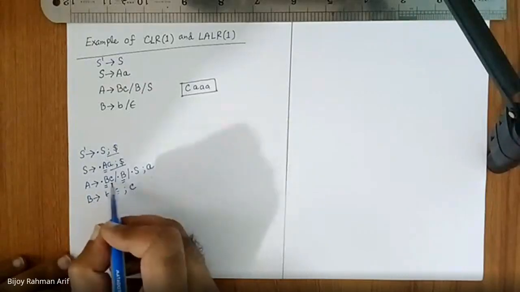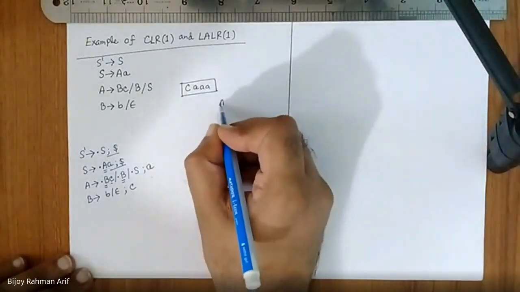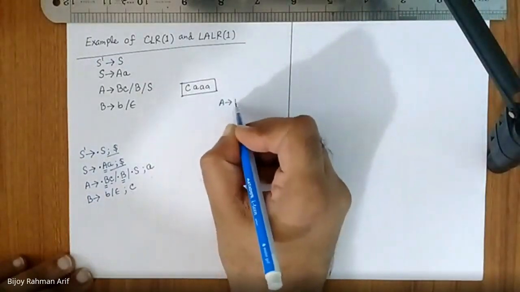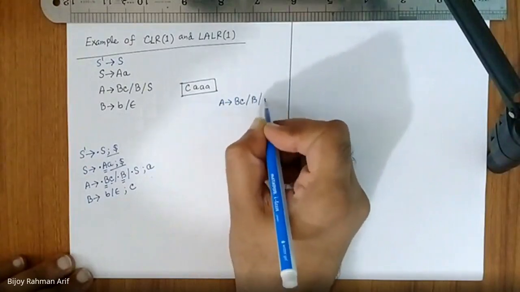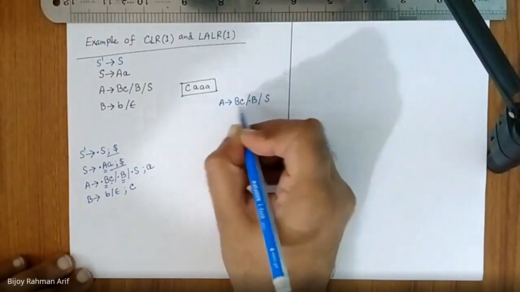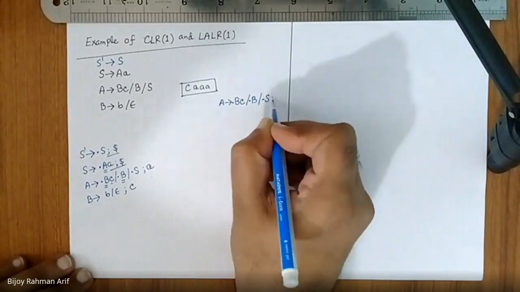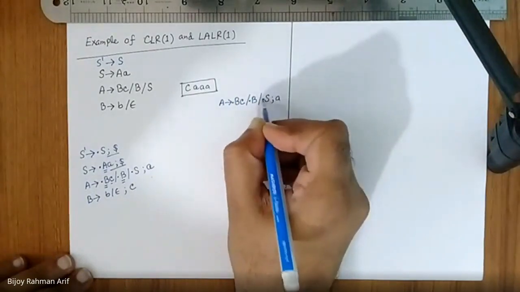Why dollar? If you write it this way, A derives BC, B, S, this is the shorthand of something. What is the meaning of this?